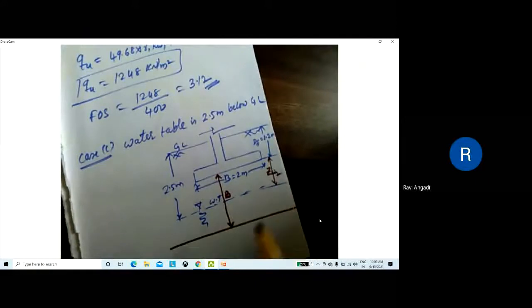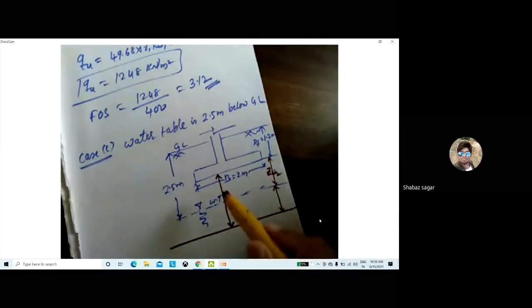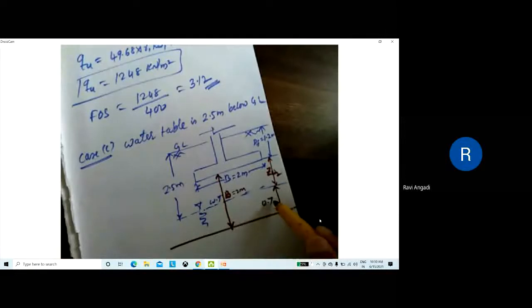ZW2. If this is ZW2, what could be the value of this one? The saturation would be there, sir. No, this is the water table, but the depth here we are taking is B. B is how much? 2 meter. 0.7, sir. Yes, correct, 0.7.